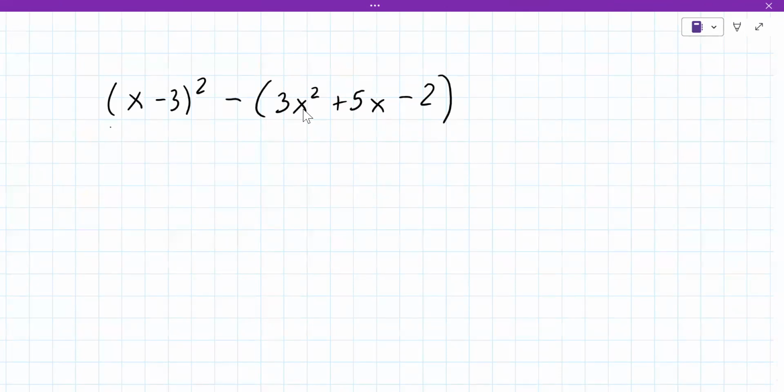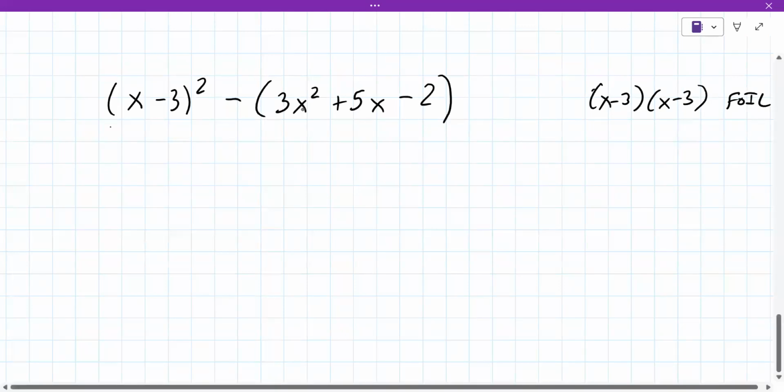So it would be like x squared minus 9. Nope, try again. Remember, it's x minus 3, x minus 3. You have to FOIL that. Oh, yeah. Easy to do that. So that's why I threw it out there.